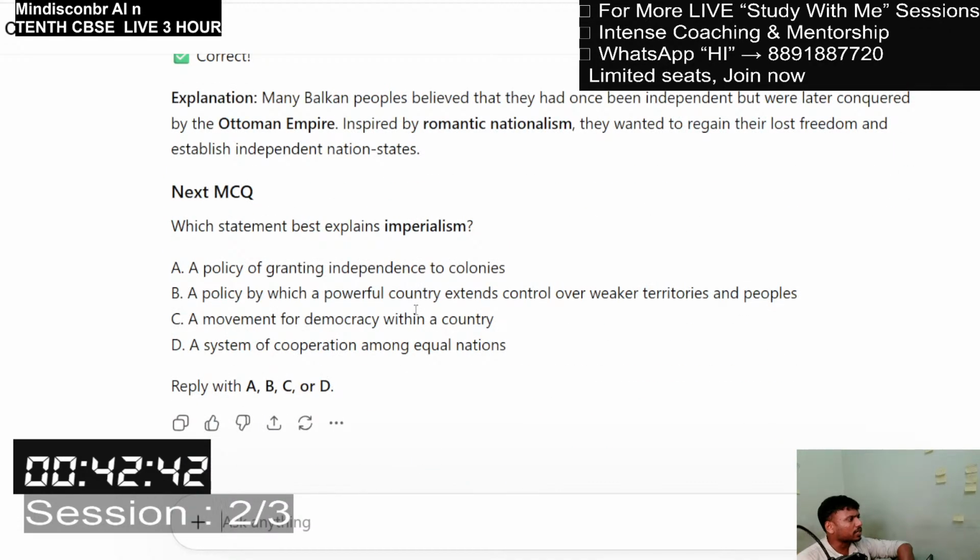Which statement best explains imperialism? A policy of granting independence to colonies, a policy by which a powerful country extends control over weaker territories and peoples, a movement for democracy within a country, and a system of cooperation among equal nations.